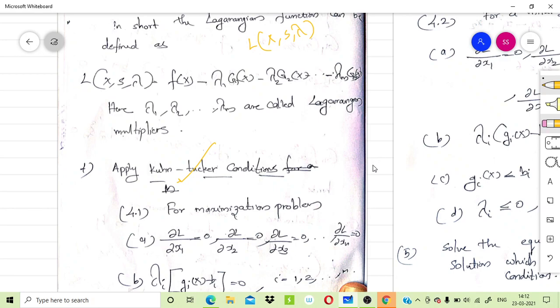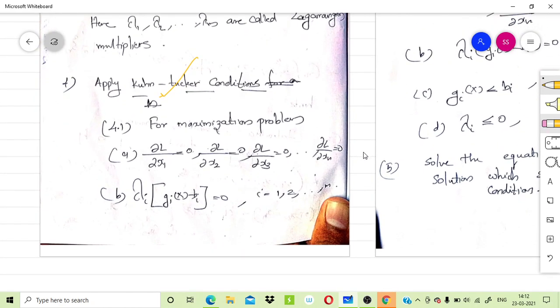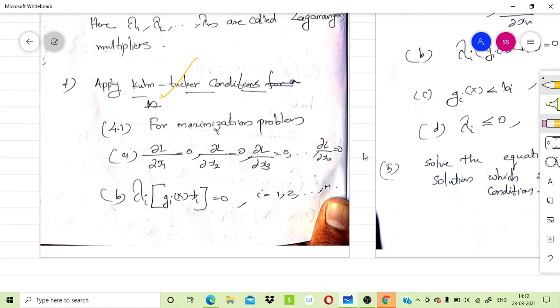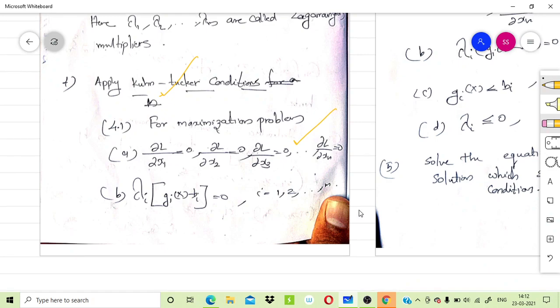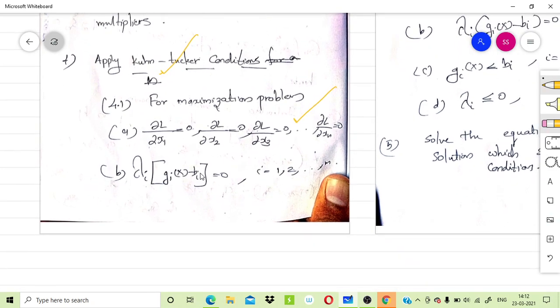So for the maximization problem, it is defined as: partial derivative of L with respect to x1, x2, x3, etc., will be 0. This is the first condition that will be satisfied for a constrained nonlinear optimization problem. The next is lambda i into gi of x minus bi equal to 0.